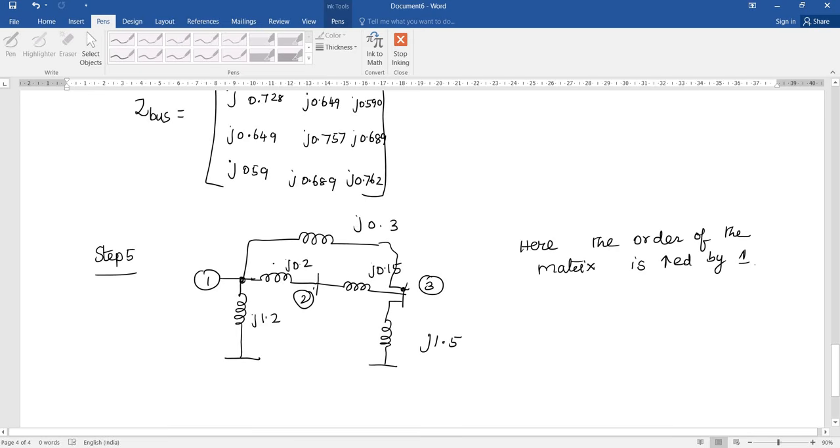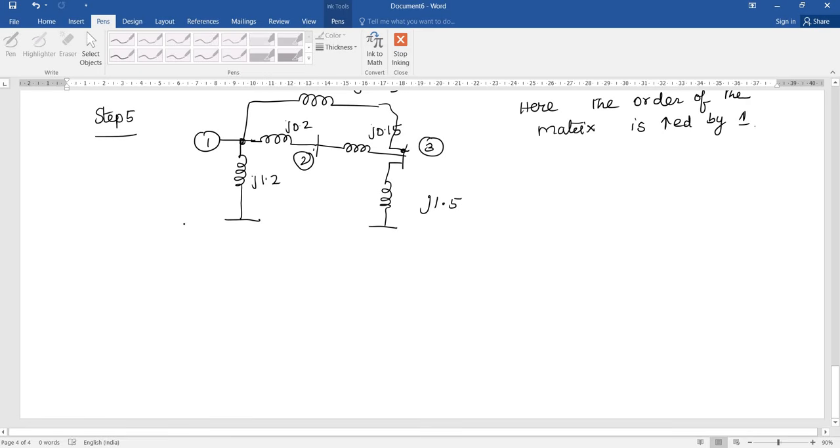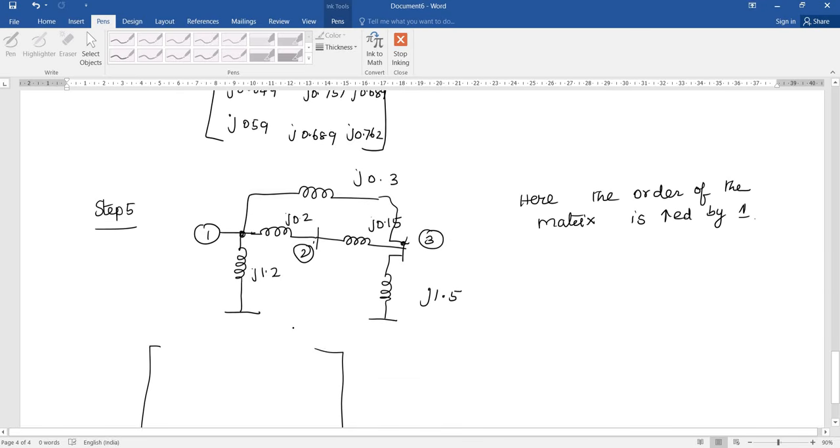First of all, I am going to write the old matrix again. This is the old 3 cross 3 matrix. So from this only I am going to write the new matrix.